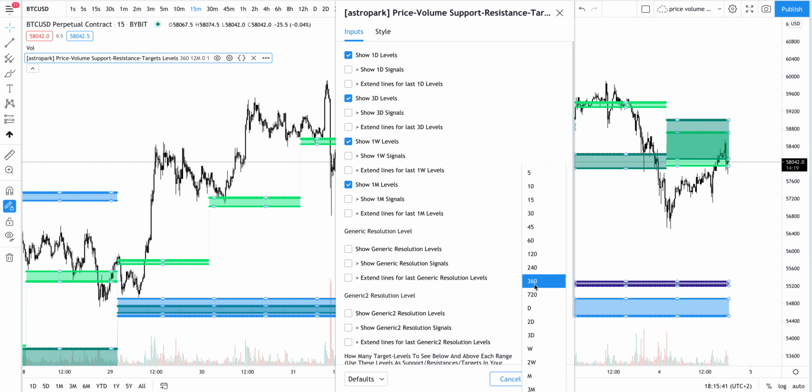So 360 is a 6 hour time frame. Or maybe you are a trader who loves to trade on even higher time frames, so you may like the monthly or 3 monthly and so on. Because of this, I added 2 generic resolution levels that you can set up.